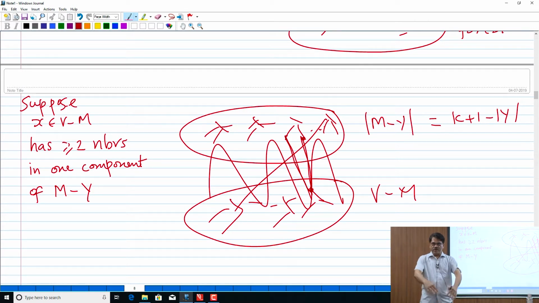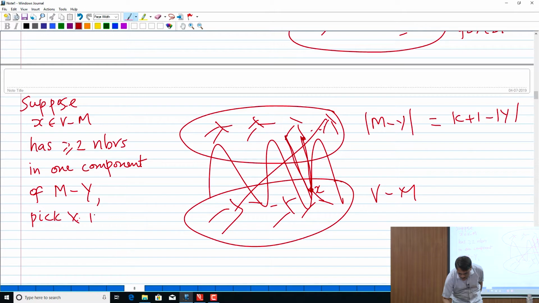I need to cover this cycle. You need to cover all cycles, and this x is the only vertex I am allowed to pick, because anything here I am not allowed to pick. I made my guess on the top vertices anyway. Is that clear? So pick x into the solution, and k goes to k minus 1.